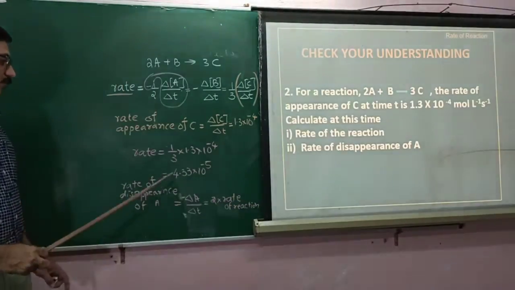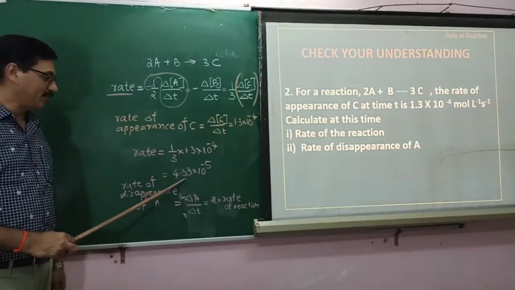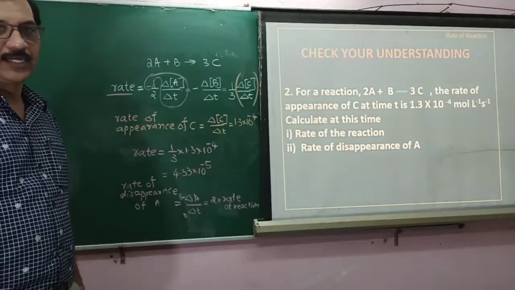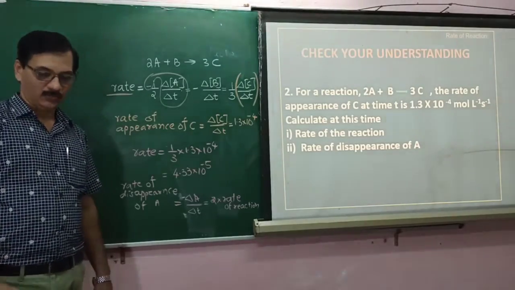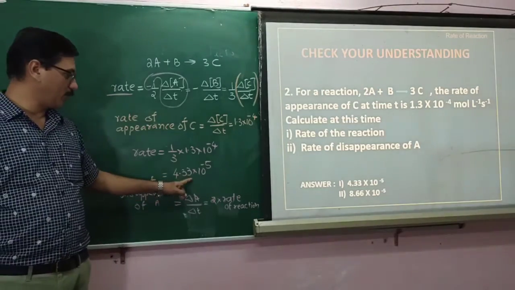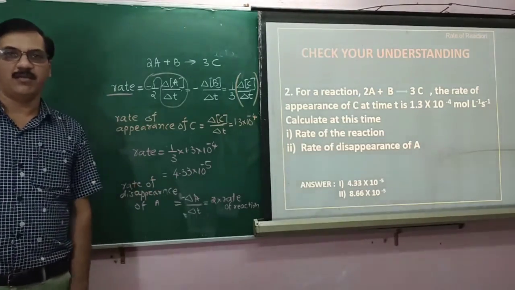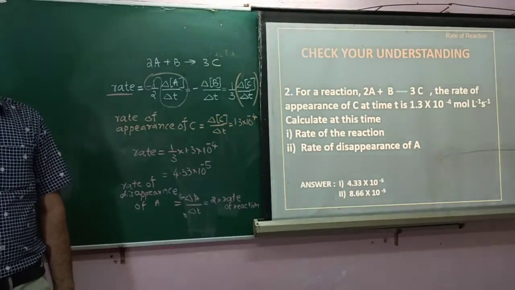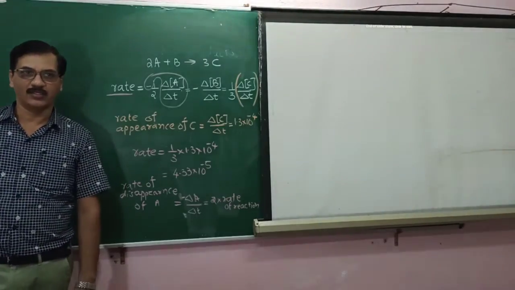So 2 into the rate of reaction is 4.33 into 2, that is 8.66 into 10 to the power minus 5. So that will be the answer: 8.66 into 10 to the power minus 5 moles per liter per second. Let us continue with the next kind of questions.